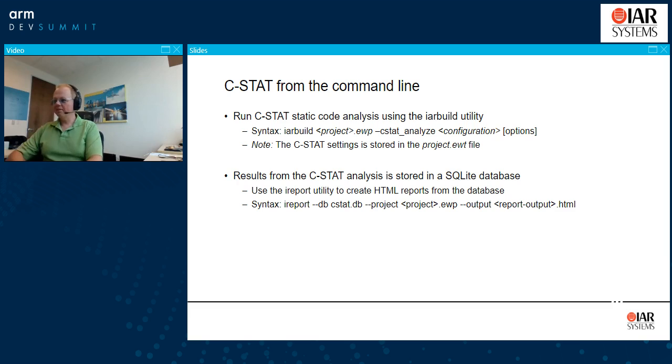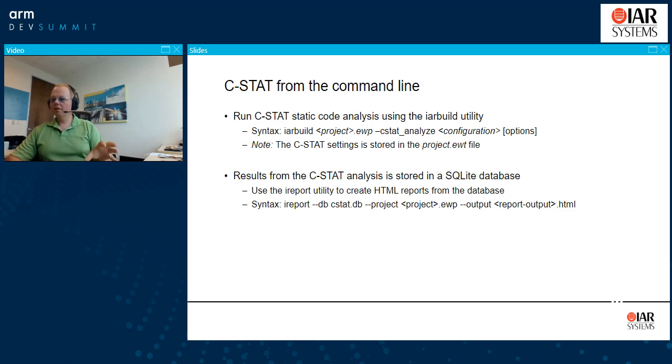So there's lots of ways that you can invoke that tool. C-STAT can be run from the command line. The easiest way to actually run it is by using IARBuild. So the syntax for that is you call IARBuild with your project file name, and then the -cstat_analyze, and then the build configuration, and then optionally other things that you may want to do, like parallelizing that.